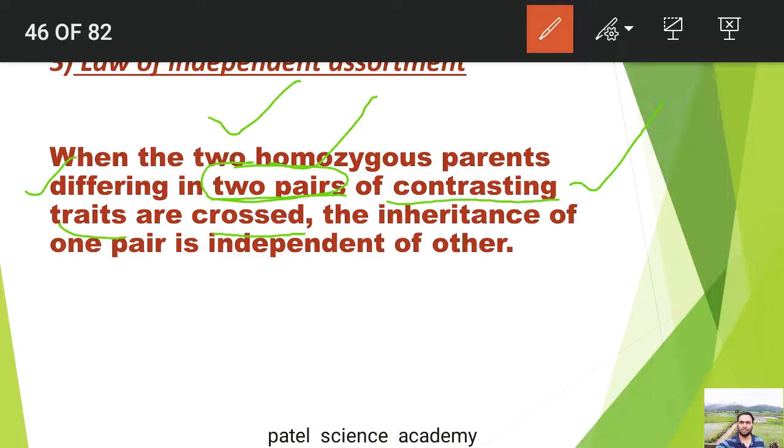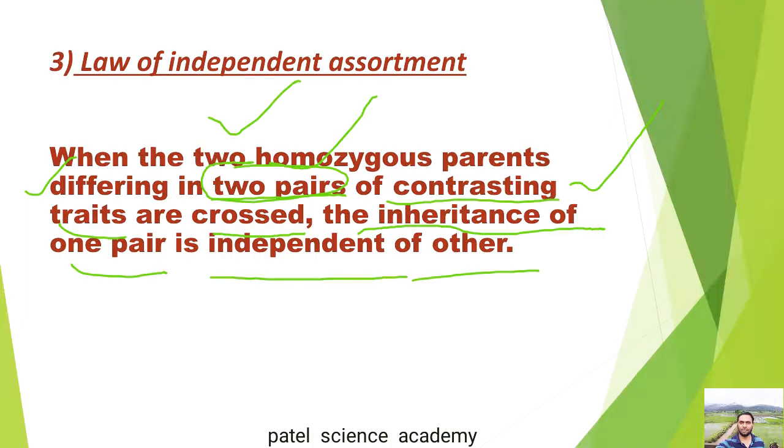If they are crossed, what happened? The inheritance of one pair is independent of the other, meaning one pair independently assorts, and assortment means distribution. So one pair is not dependent on the other pair, and they independently assort in the next generation.